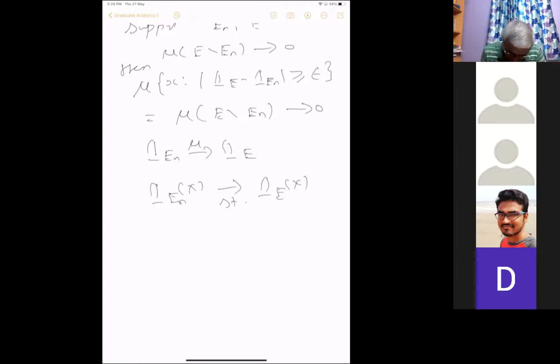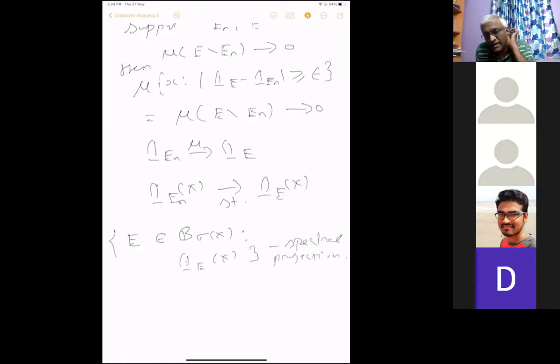These projections 1_E(x), for E a Borel subset of the spectrum sigma of x, are what are called spectral projections.